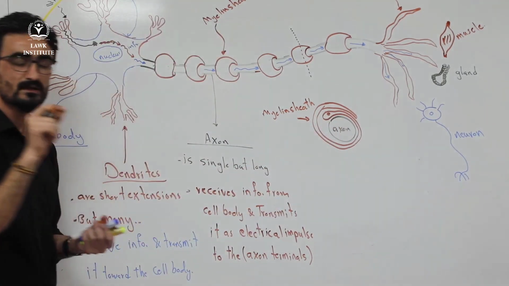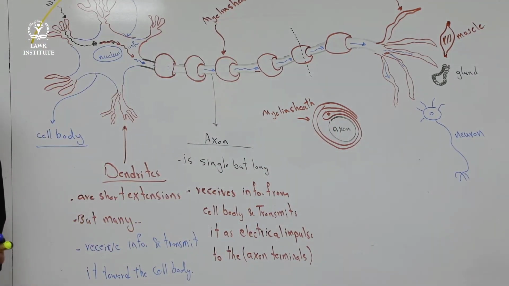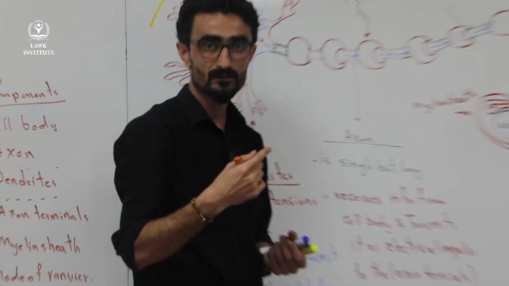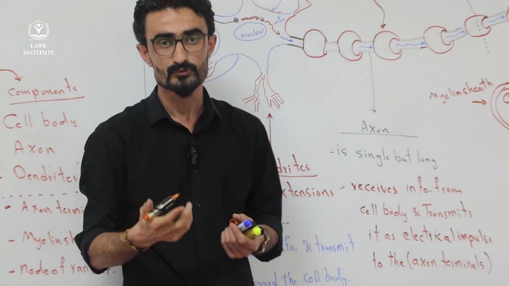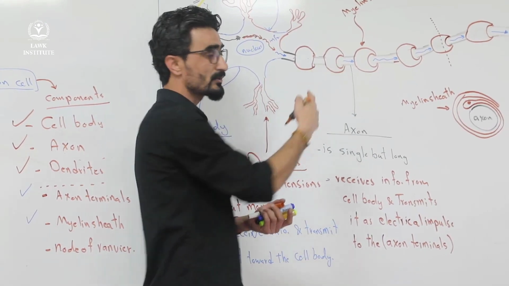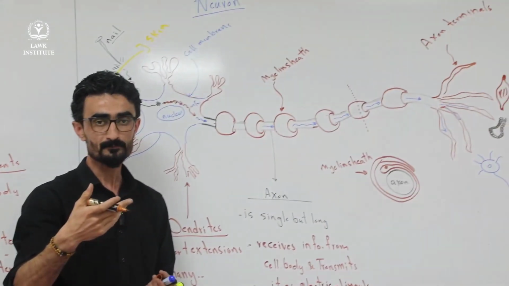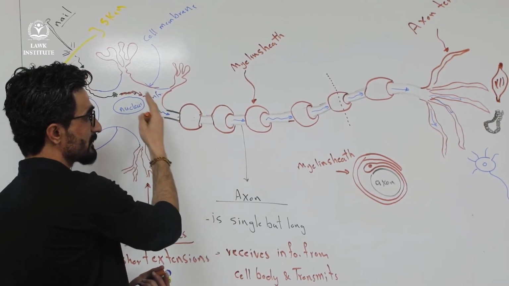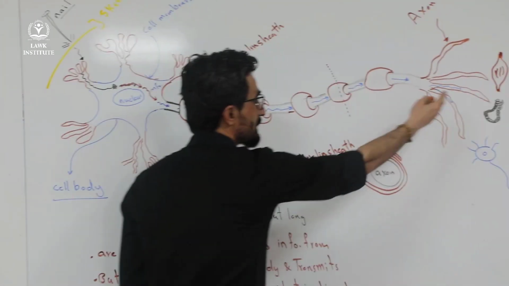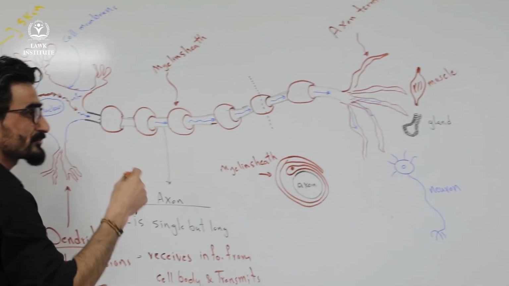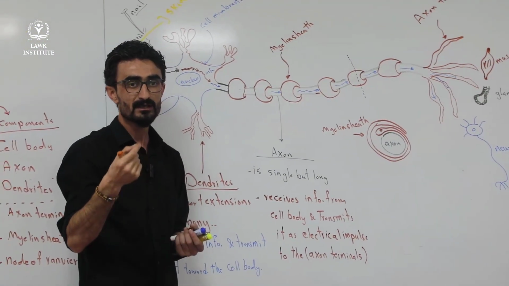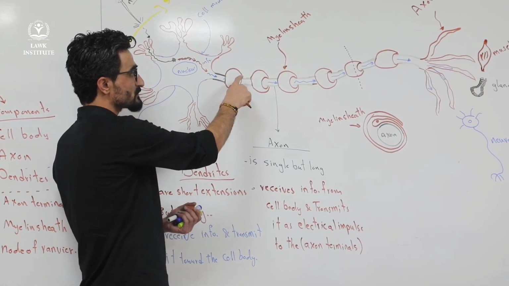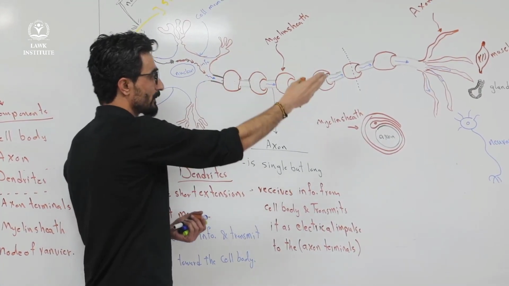Myelin sheath is a specialized kind of cell that covers and surrounds axon for the following reason. Myelin sheath works to speed up the transmission of information from the cell body to the axon terminal. So as if to say, it decreases the time of sending information from one area to another.